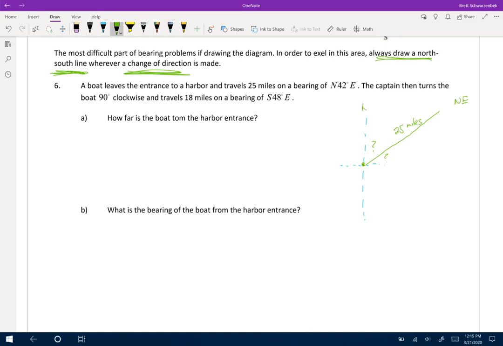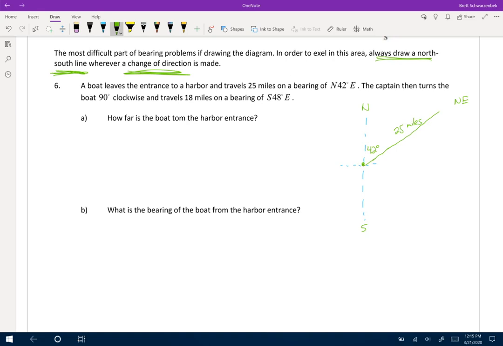So this is clearly not it. We are using this as the measurement for 42 degrees. So this is an example of a boat traveling 25 miles at a bearing of north 42 degrees east.